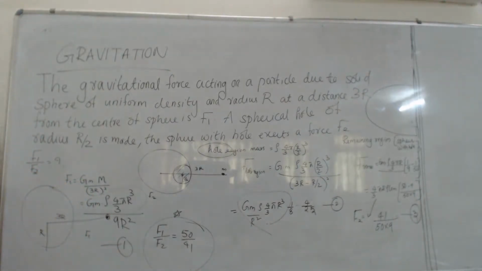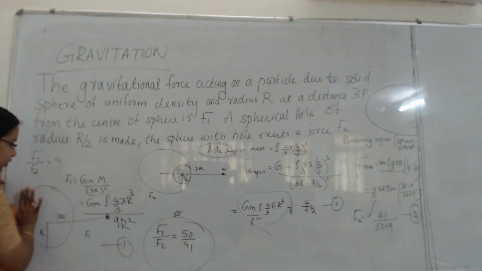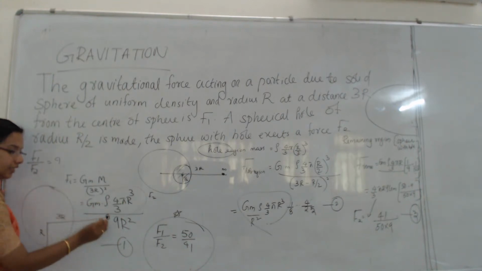In this question, we have a particle and a solid sphere. This is your solid sphere and this is your particle. It is at a distance of 3r. So, due to this mass, we get a force here.